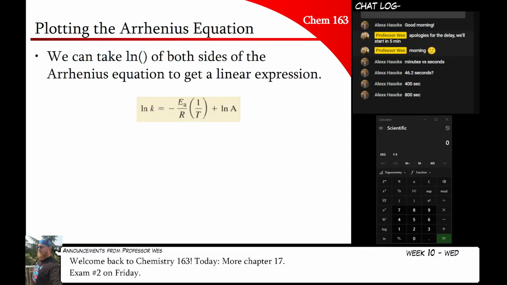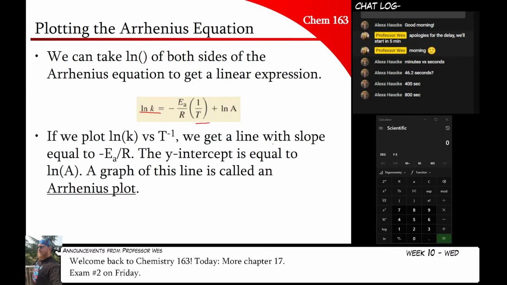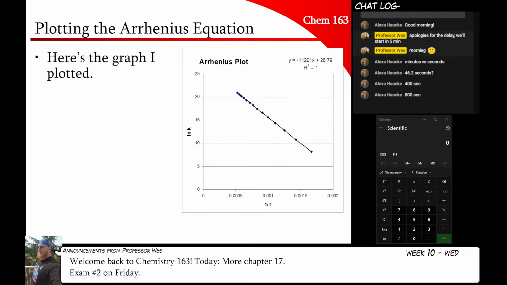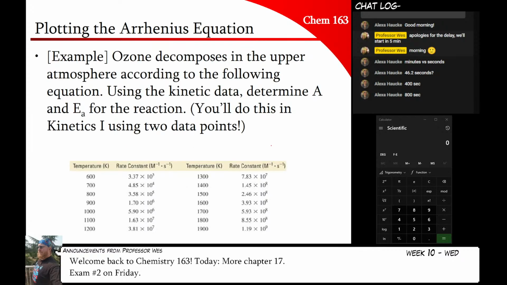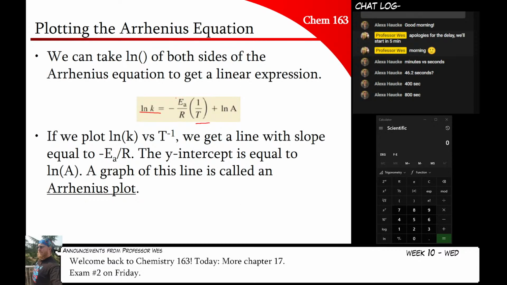What we can do is we could plot it, like I said before. Natural log of k versus 1 over T will give you a line. You get a plot that looks like this. And so what this will tell me is that, if I'm plotting this equation, this is the slope, the activation energy divided by the gas constant.